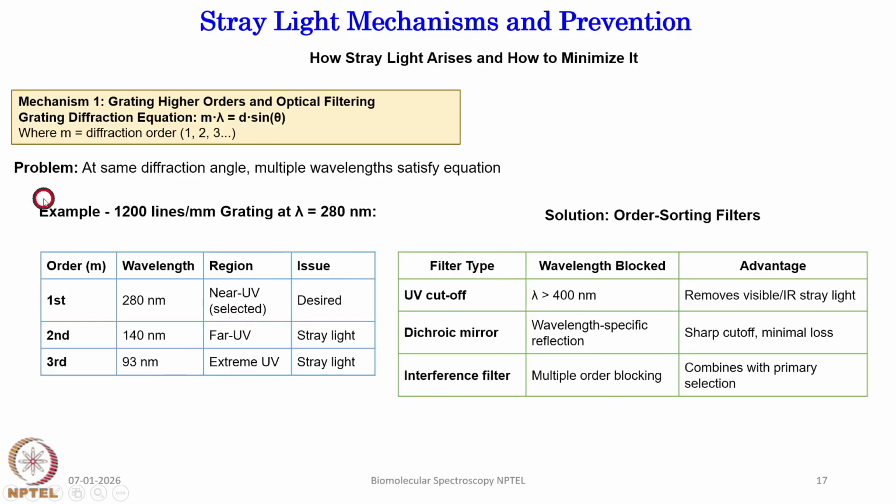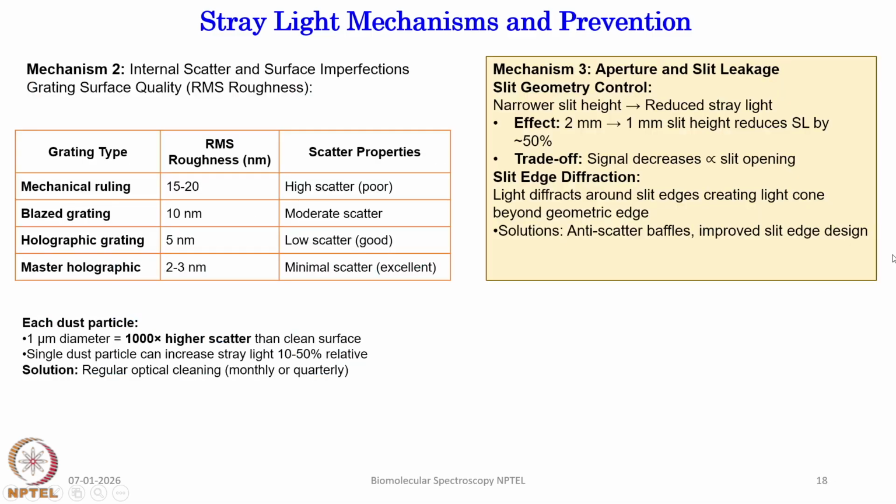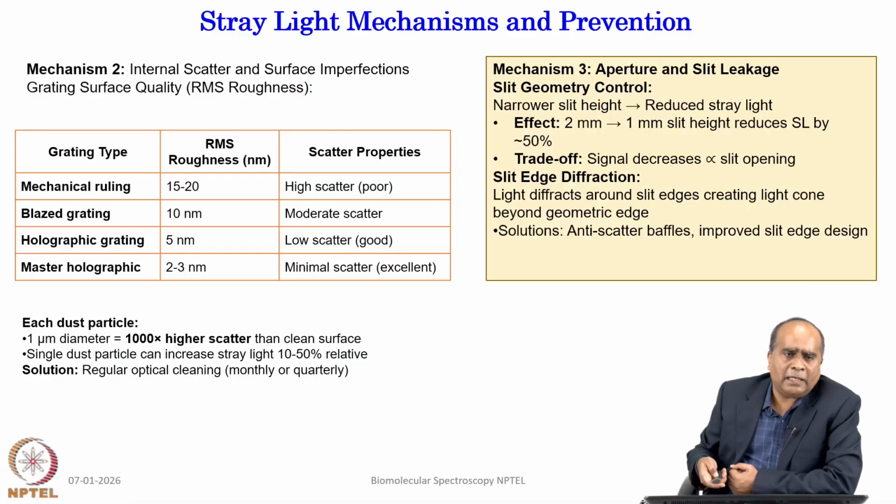You can minimize it by working in the dark, and the grating can also help. Basically it is all optics: the dichroic mirror, the interference filter, and order-sorting filters can help remove the stray light that comes in. So these are some of the errors that can come.